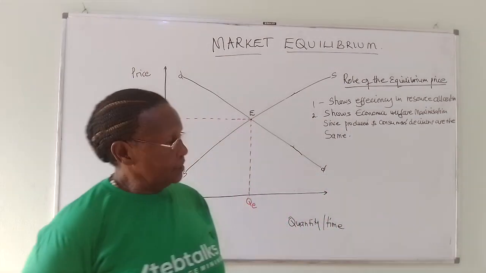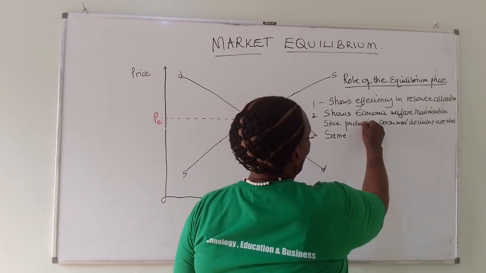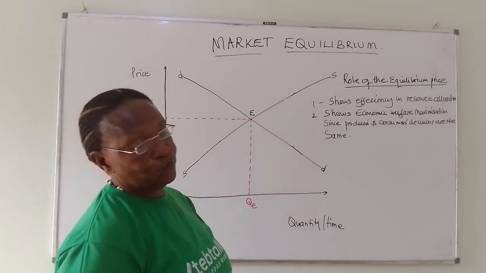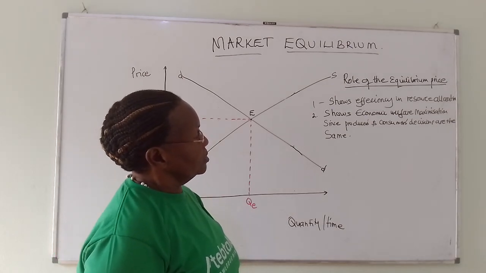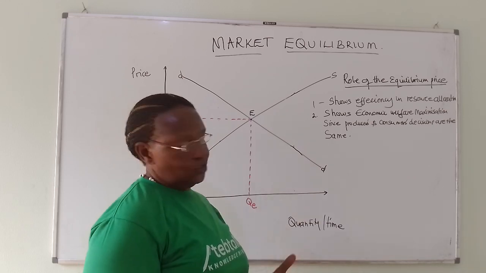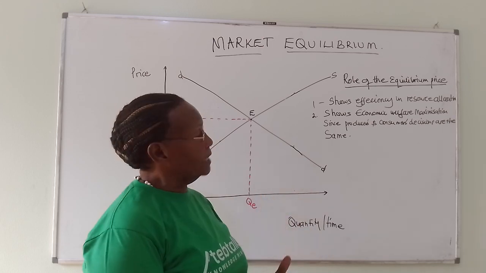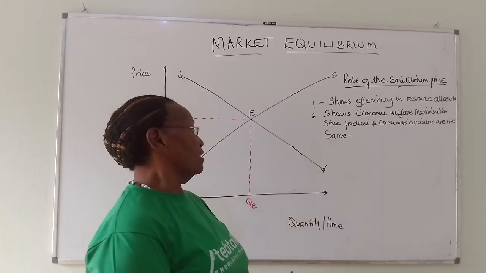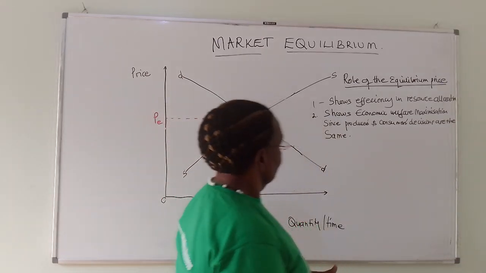So producers decide to produce an equilibrium quantity, and we find that that is exactly what the consumers also want. So there is some kind of synchronization of the decisions of both the producers and the consumers, such that both of them are on the same line of understanding, both of them are happy with the decisions they made.